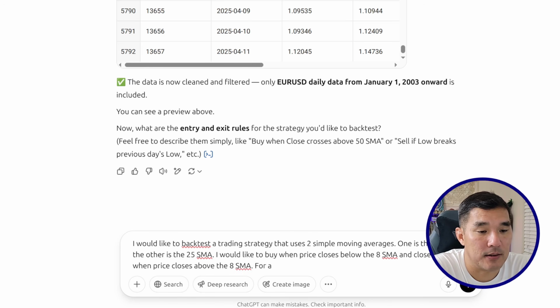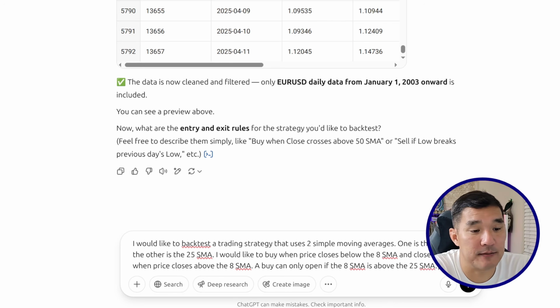For a sell, I'll put in the 25 in there right now. So I'll say a buy can only open if the 8 SMA is above the 25 SMA.